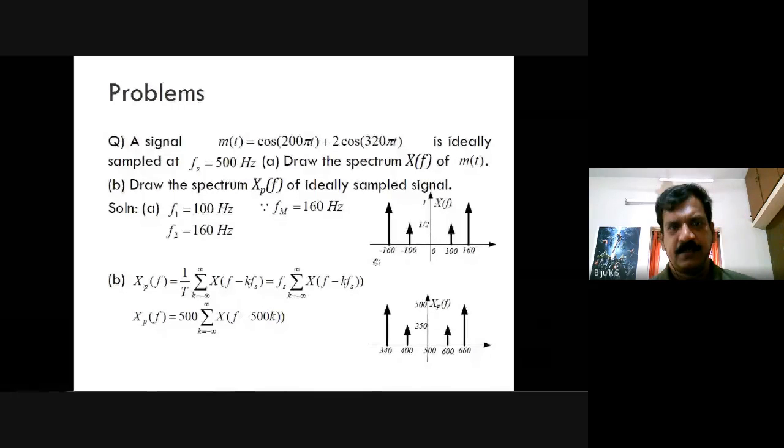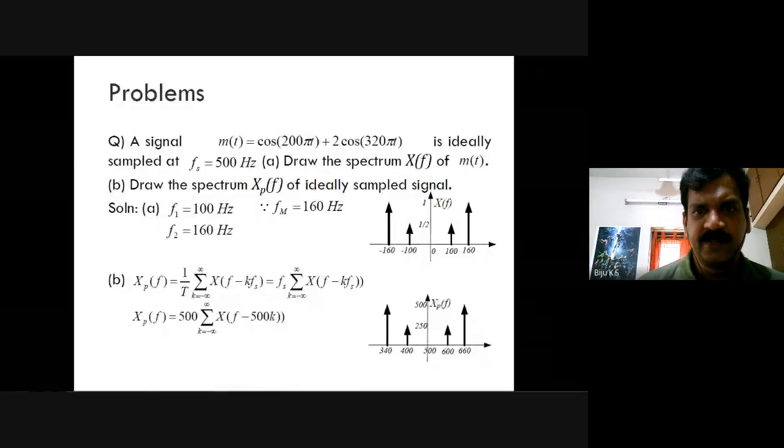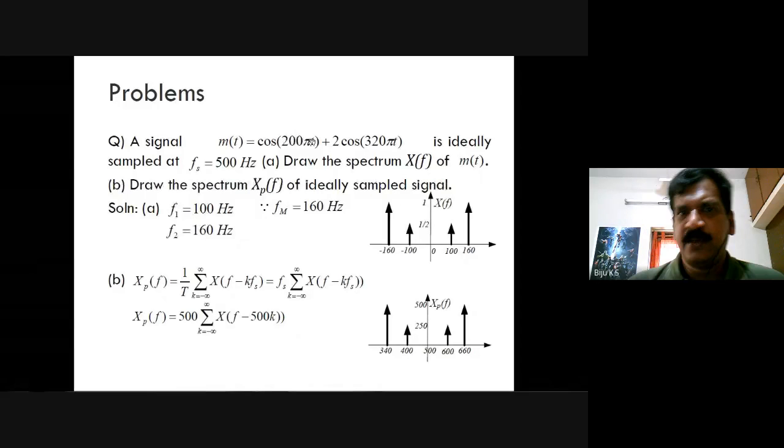So next, you can draw the spectrum of Xp(j omega). Xp(j omega) is obtained when we multiply this signal with an impulse train, so that we get Xp, which is of a replica nature. So the spectrum is repeating.